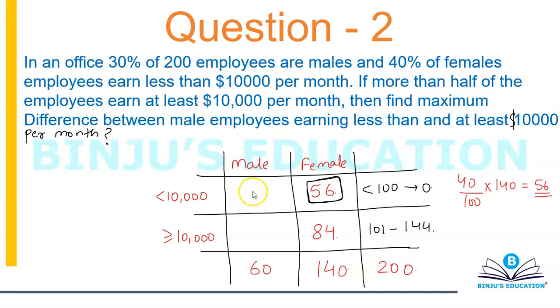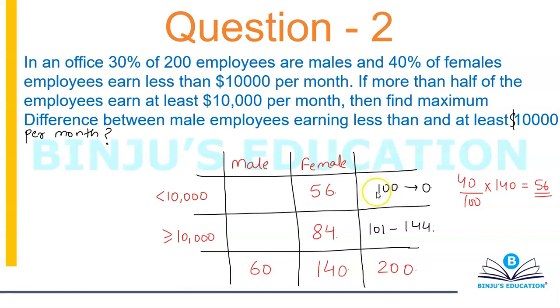So you can make this 0. This will become 60. So 60 plus 84 will automatically become 144. So the maximum value up to which this can go is only 144. Do not write 200 there, otherwise it would be incorrect.